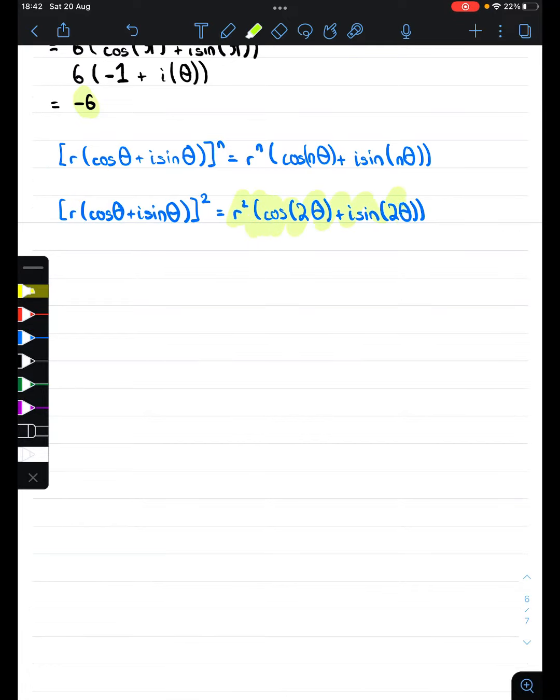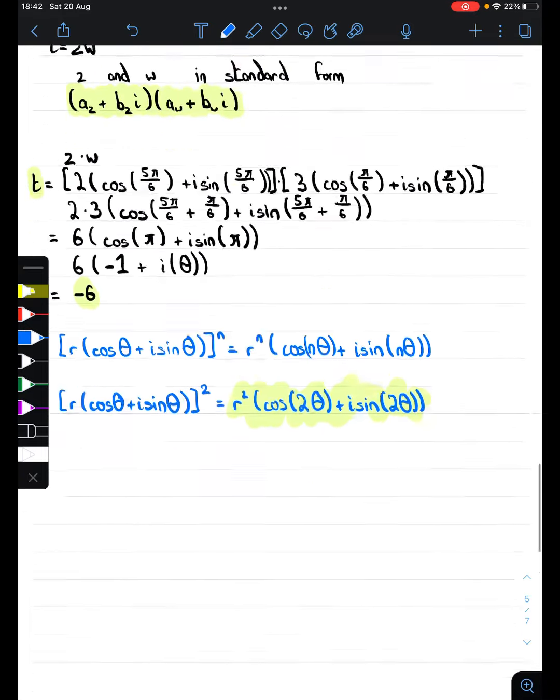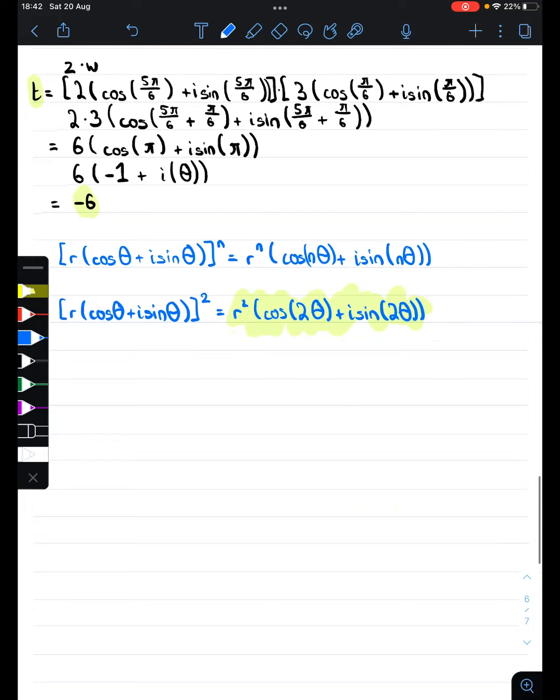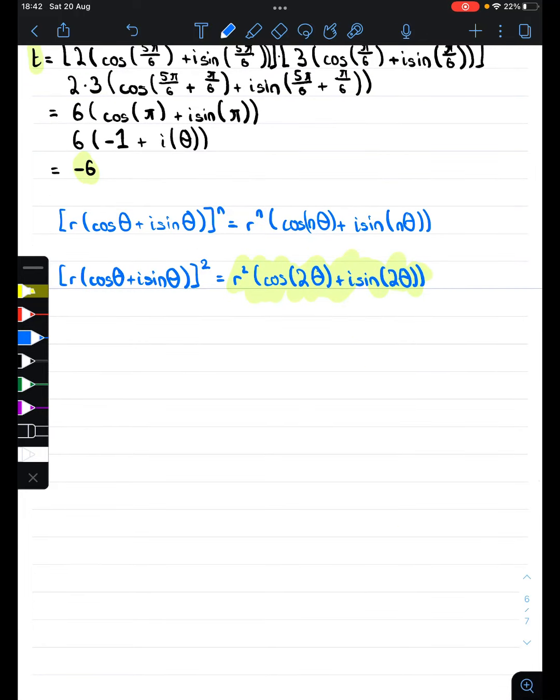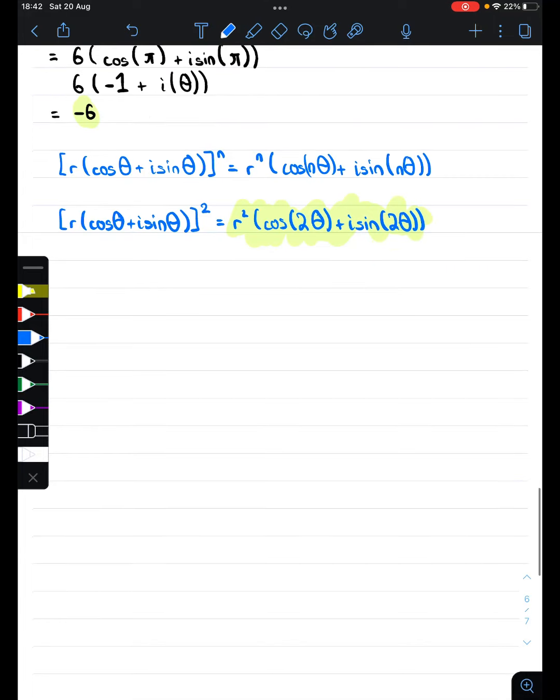Now let's do it the other way, this multiplication way that we just used to find t. So z squared, or r cosine theta plus i sine theta squared, is just r times cosine theta plus i sine theta by itself.